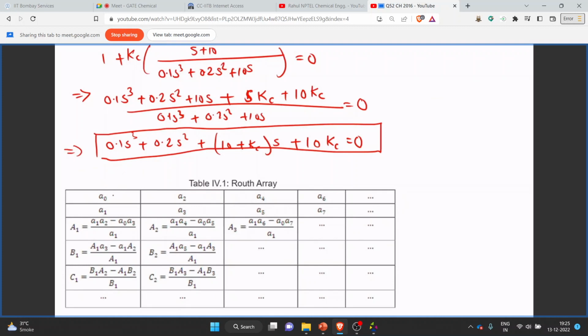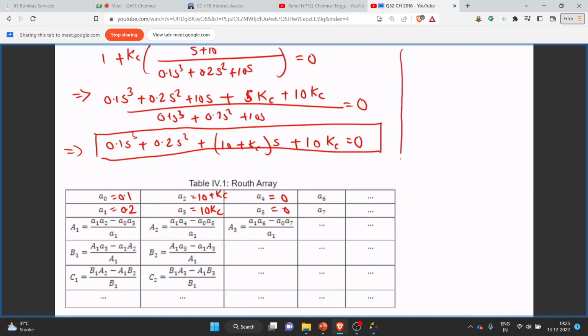So over here a0 we are having as 0.1, a1 as 0.2, a2 is 10 plus Kc and a3 is 10 Kc. The rest, a4, a5 will be 0.